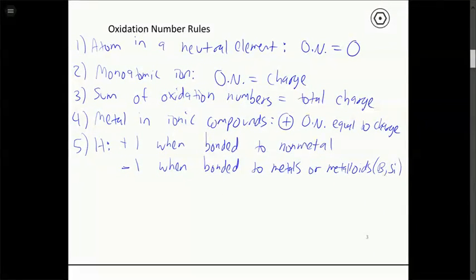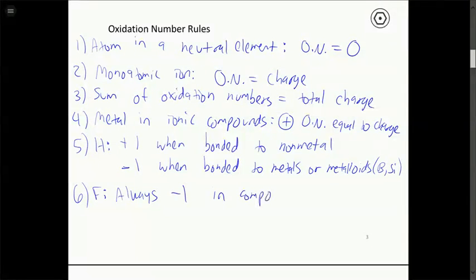And then the last 3 rules deal with other nonmetals that pretty much have invariant oxidation numbers. So fluorine, as I said, where oxidation numbers refer to giving all of the electrons to the more electronegative atom, fluorine is the most electronegative atom, so it's always going to pretty much have a -1 oxidation number when it's in a compound.